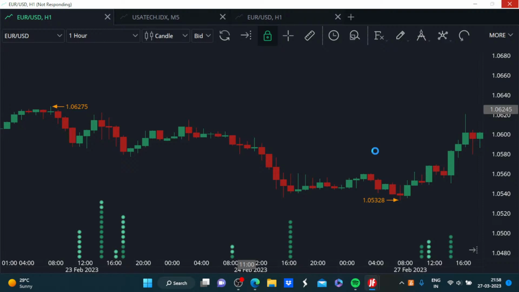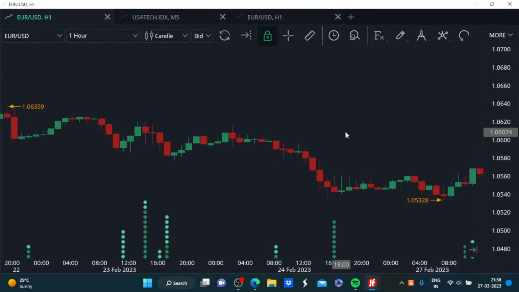In euro usd we haven't seen it in this couple of sessions starting from 23rd February till 27th February. Let me look for more data points.